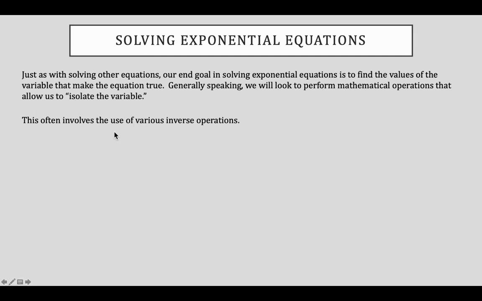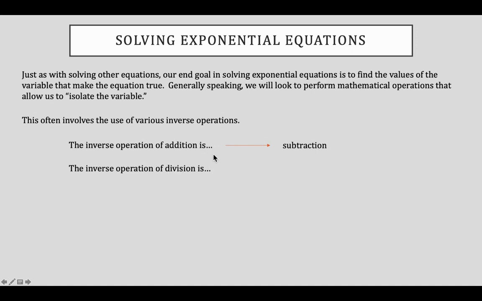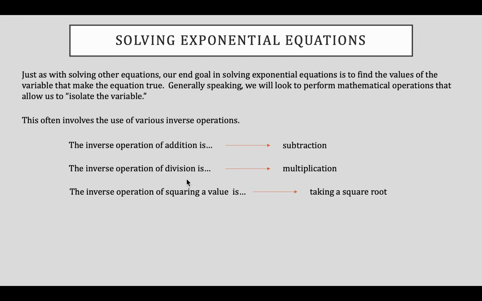This often involves the use of various inverse operations. So, in your algebra classes, you have learned that the inverse operation of addition is subtraction. Why? Subtraction undoes addition. Similarly, the inverse operation of division is multiplication. The inverse operation of squaring a value is taking a square root.